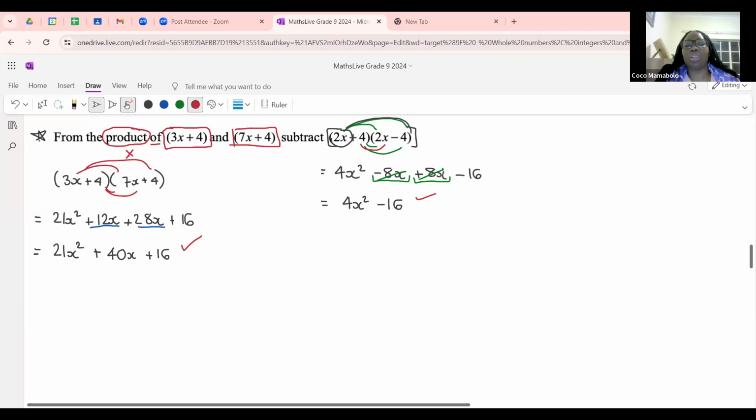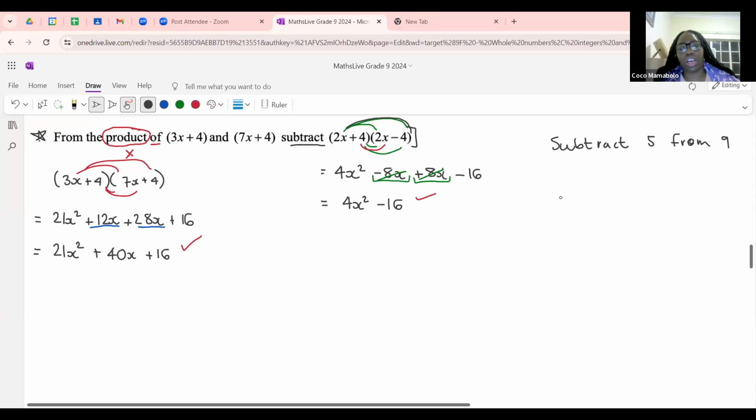All right. So these are the two things that I get from the products of each of these. But that's not what the sum wanted from us. The sum said, from the product of these two things, subtract this from that. So let me ask you guys, if I say to you, subtract 5 from 9, what is my answer?